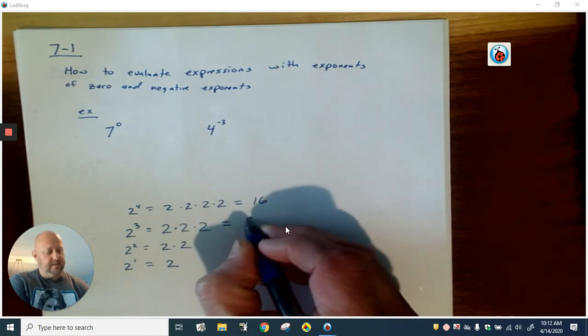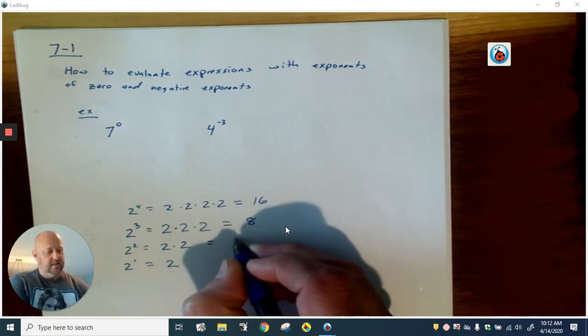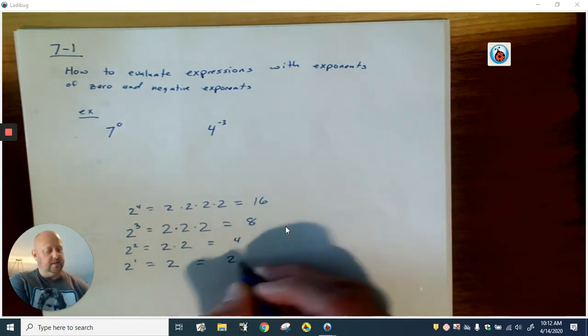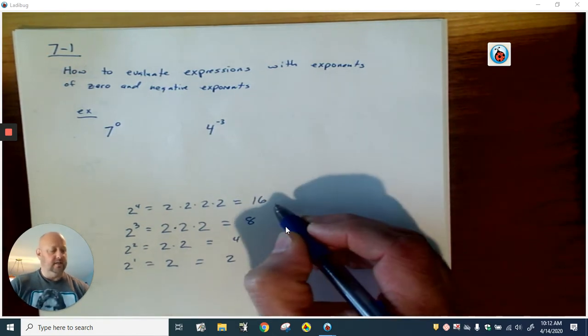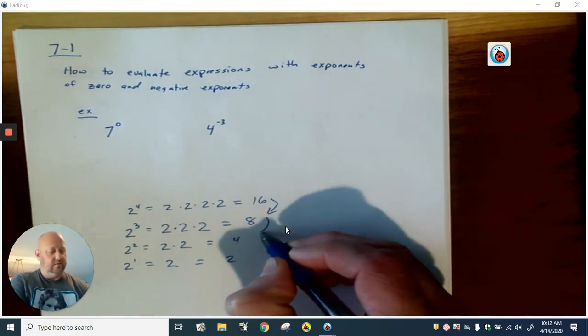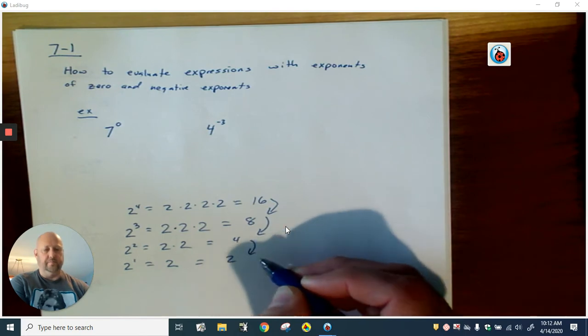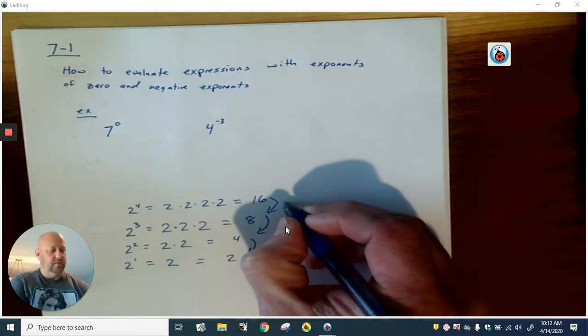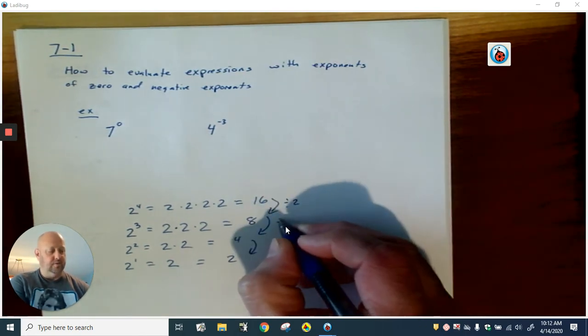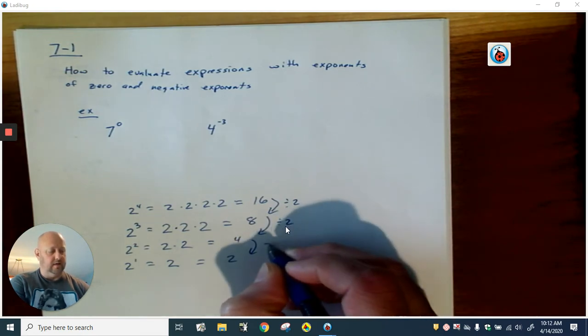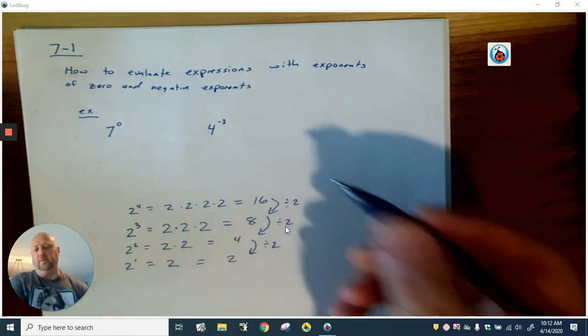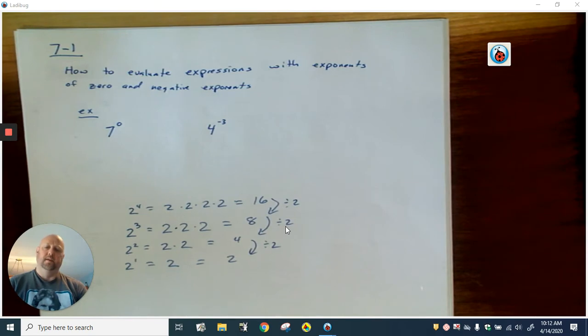As we're going down this list, the question becomes, how do we go from a 16 to an 8 to a 4 to a 2? Going down, we can think we're dividing by 2 over and over again, right? Going up, you can think you're multiplying by 2.